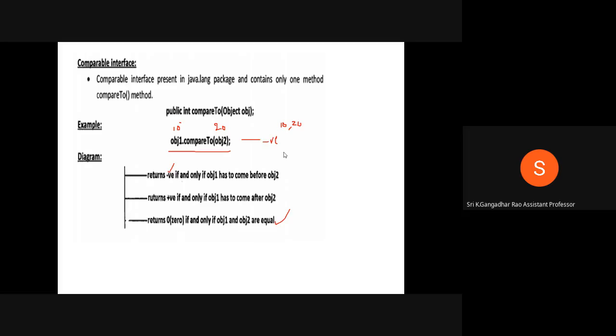For example, if I write integer I1 is equal to 20, integer I2 is equal to 30, then I1 dot comparative of I2. What is the value that is going to be returned? Tell me. I1 dot comparative of I2.